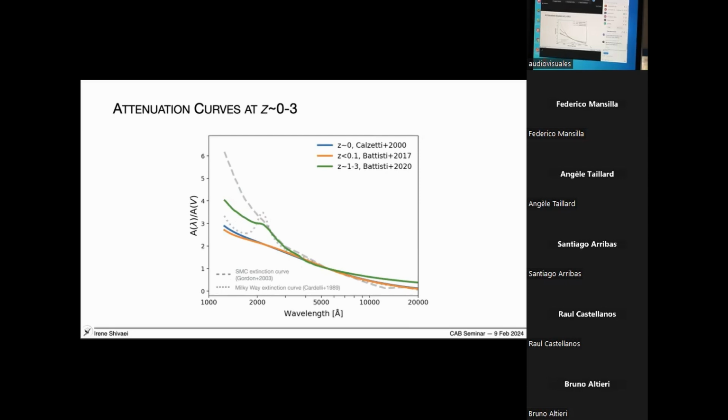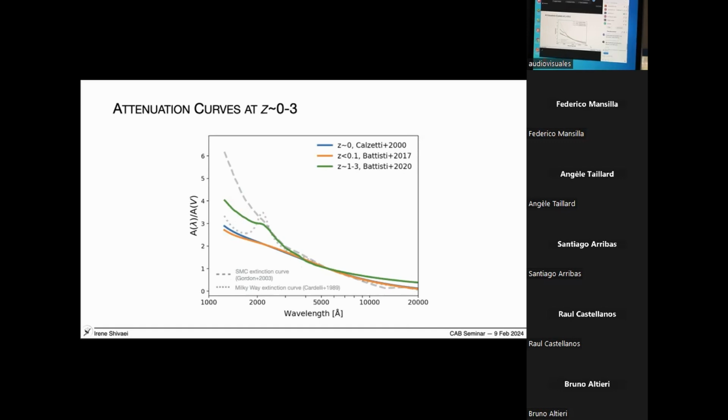So in the work that I'm going to show you in the next slide, we decided to use a sample of galaxies with a very rich data set of optical spectra and divide the sample into high metallicity and low metallicity galaxies. Metallicity is defined as the oxygen abundance in the galaxies. And then by dividing these two, we derive the attenuation curve for galaxies that have very similar distribution in their dust optical depth.